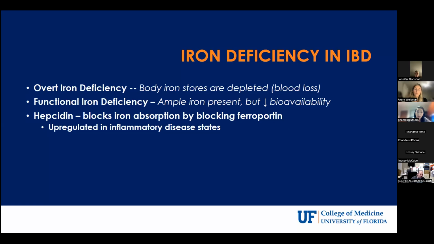...to blood loss. And then there's functional iron deficiency, where there is enough iron present in your body, but the bioavailability is decreased. This is mostly due to the fact that in states of inflammation, your hepcidin blocks the ferroportin, and ferroportin is in your intestines and helps bring in iron and gets it absorbed.